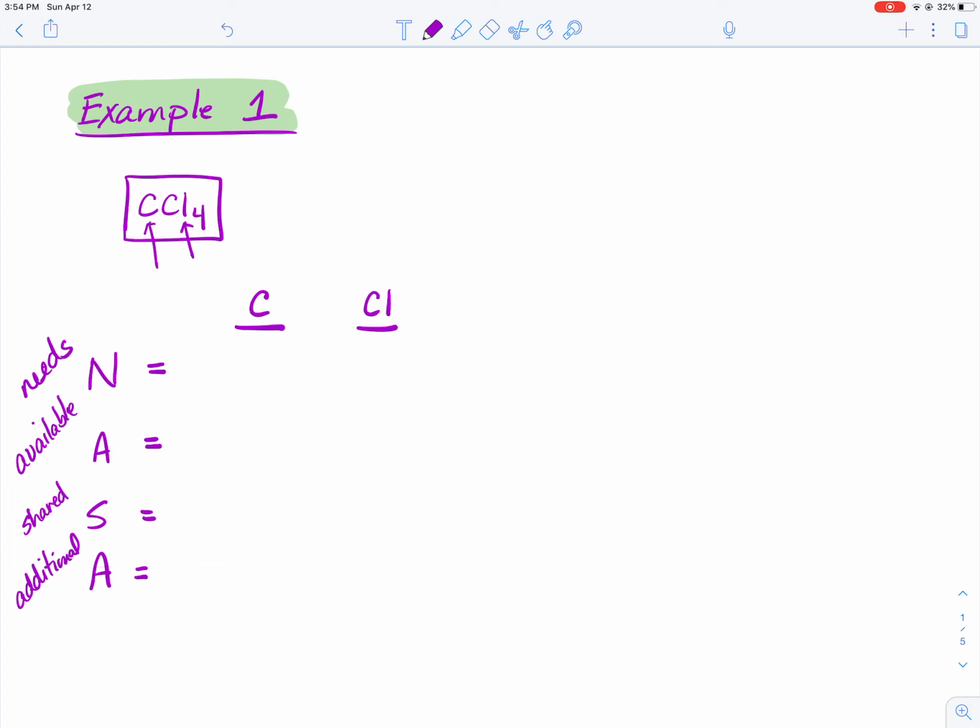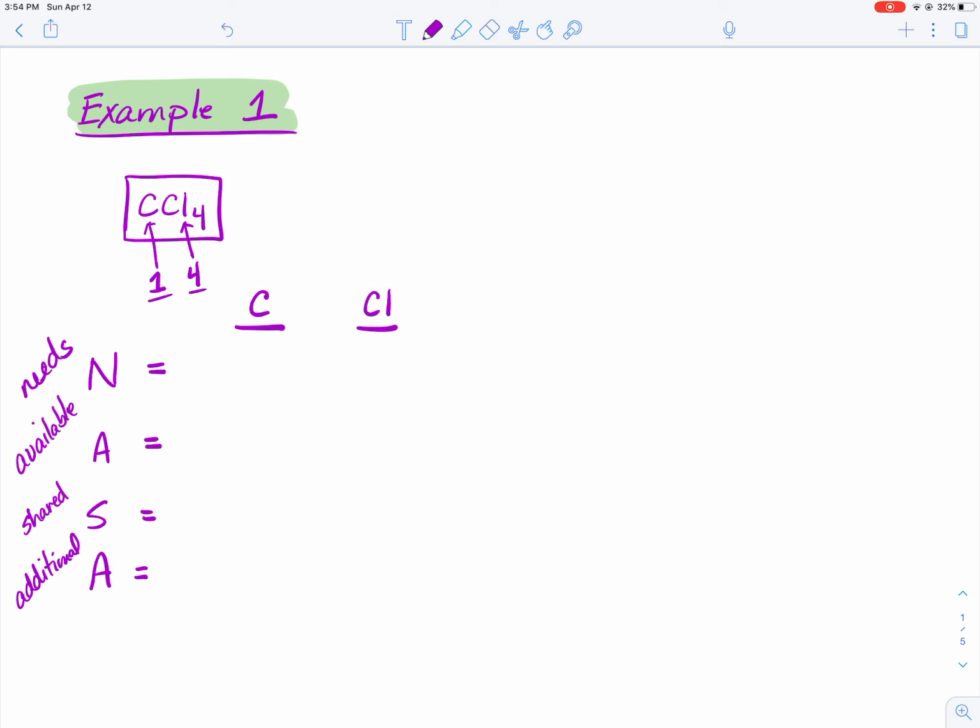I happen to have 1 carbon and 4 chlorines, because of the subscript 4 behind the chlorine. I'm going to multiply those numbers times the electrons that are going to be calculated in our NASA table.